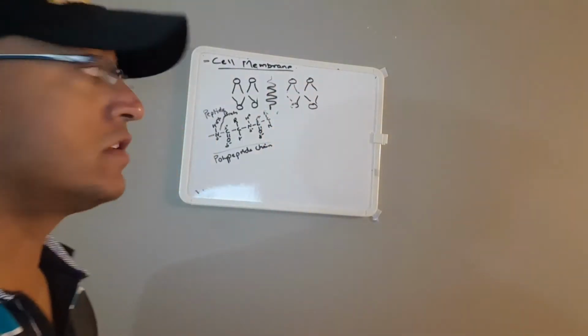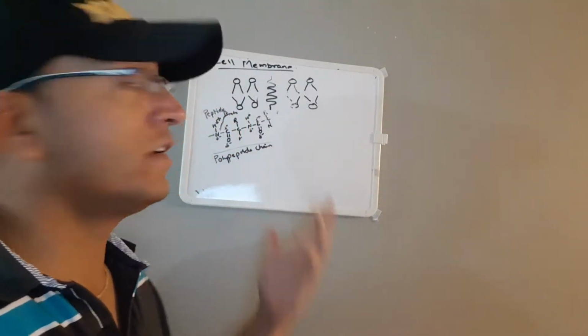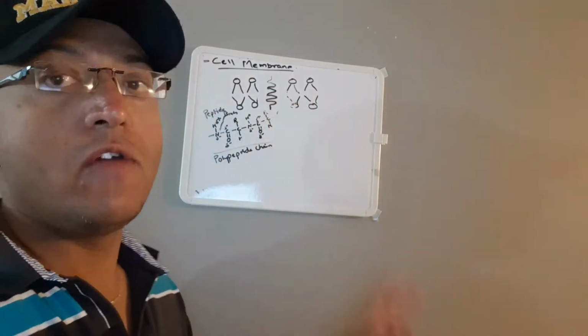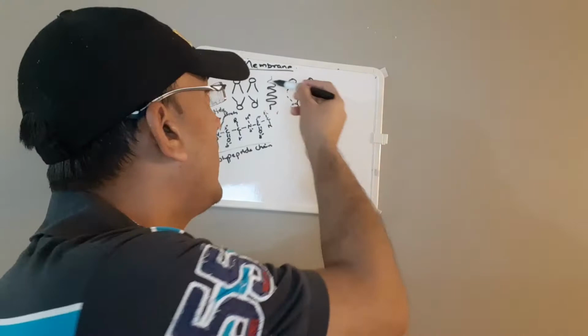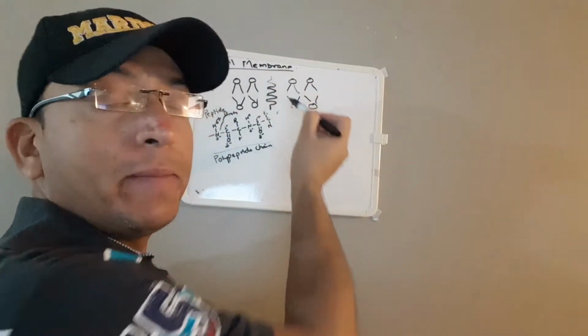Something like this. I'm not that good at drawing diagrams, but just imagine this polypeptide chain will form an alpha helix-like structure in between this lipid bilayer.